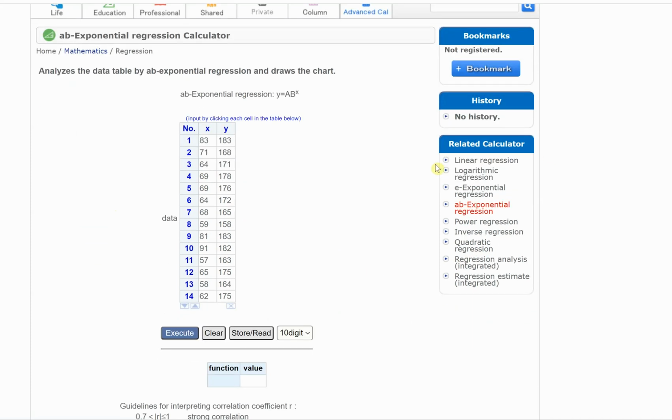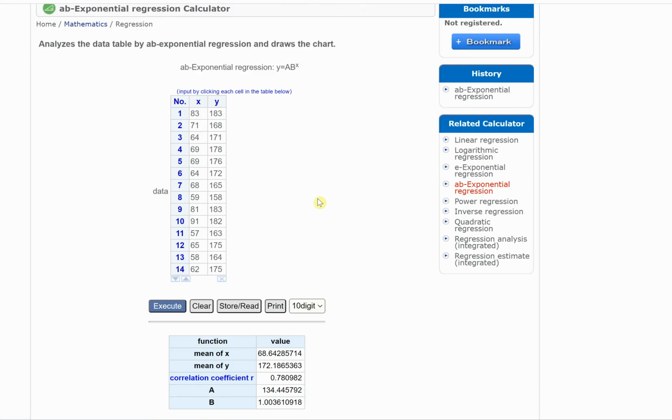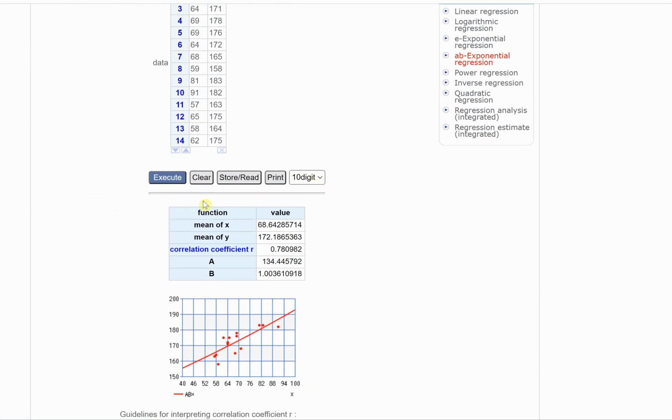If you want to figure out if this is in fact an exponential equation, you just enter the numbers in the table, you hit execute, and if you scroll down a bit, it does the same thing. We're basically looking at the values down here where it's the correlation coefficient of R and then A and B. And yeah, is it exponential?